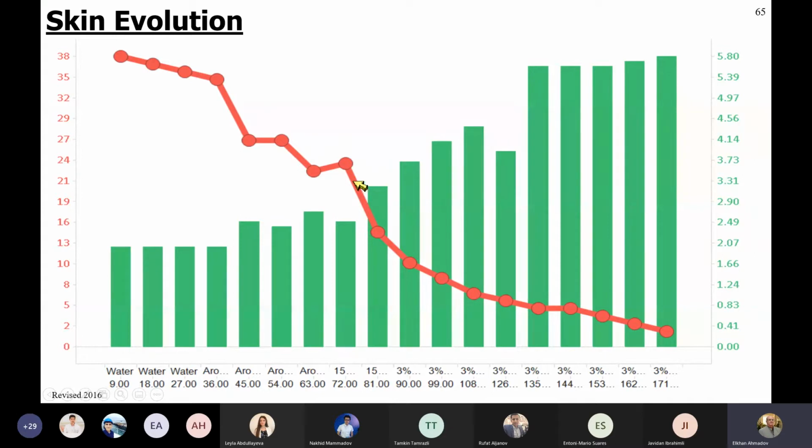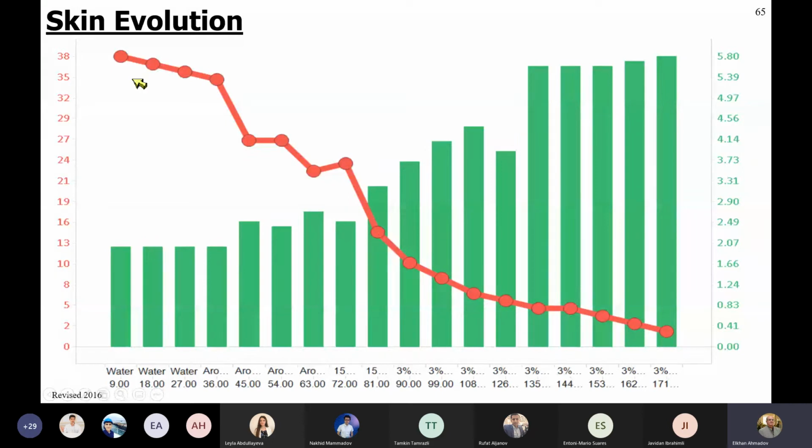So the substantial decline in the skin effect is observed once we start injecting the HCl and then the mud acid.